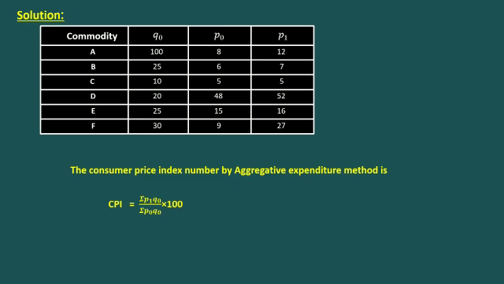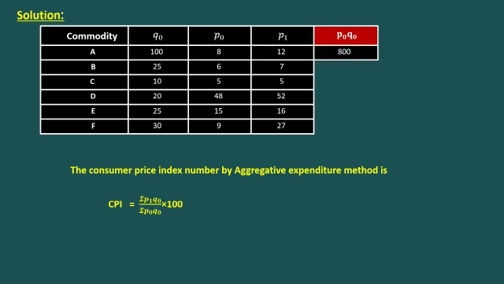So first let us compute P0 Q0 for each of the commodities. So for commodity A, we have base year price as 8 and base year quantity as 100. So 8 into 100 gives us the answer of P0 Q0 as 800.